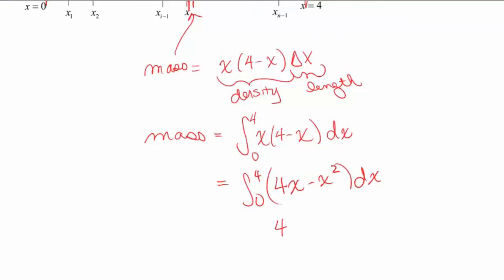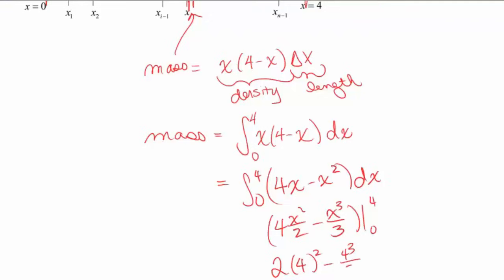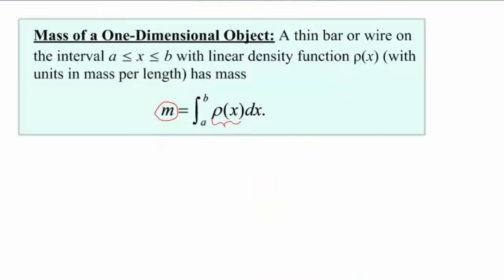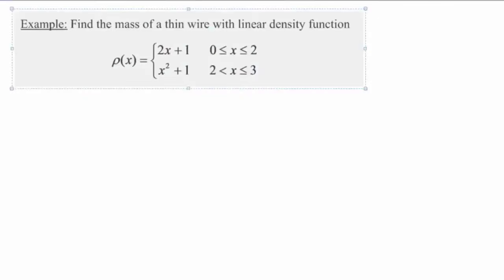Then we'll do our power rules. Then we'll take our answer and we'll plug in using the fundamental theorem of calculus. So we'll have 2 times 4 squared minus 4 cubed over 3. That's plugging in 4. Minus, well, when we plug in 0, we're just going to get 0. And that's our mass. That's linear density.